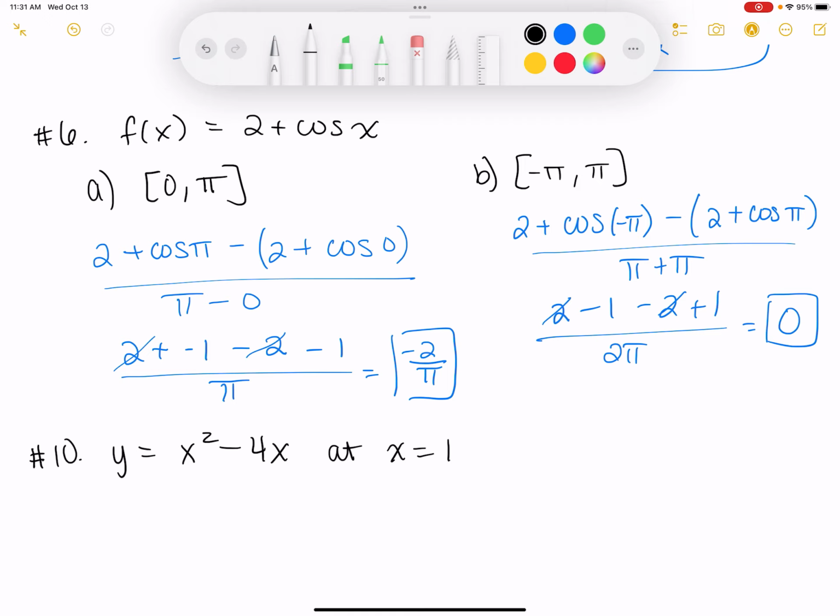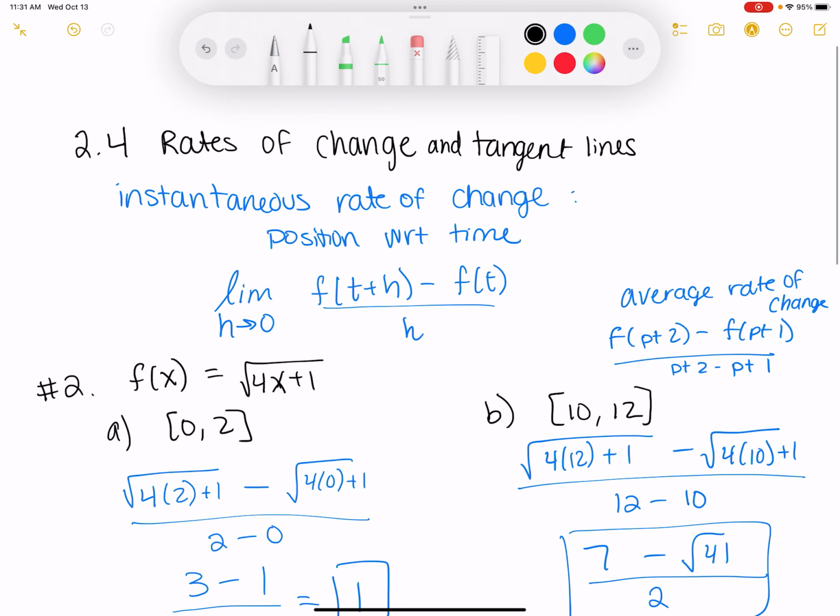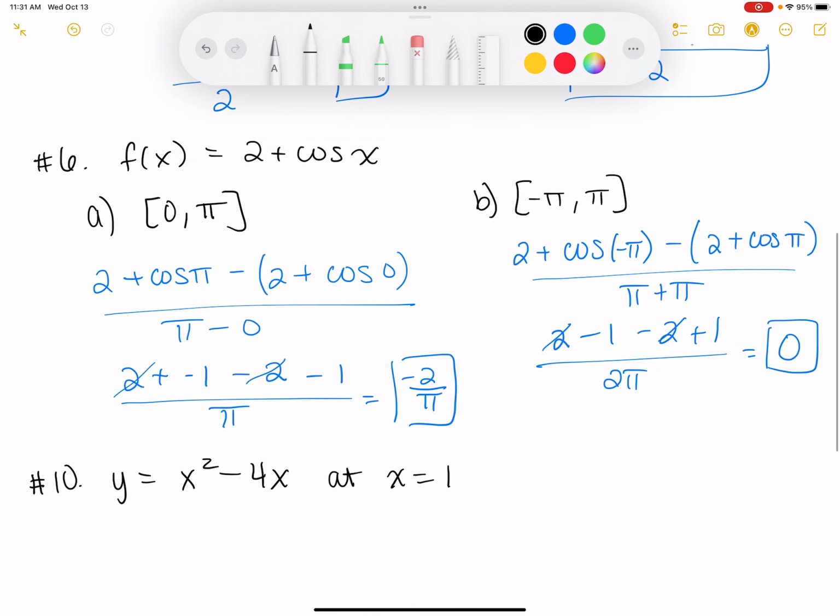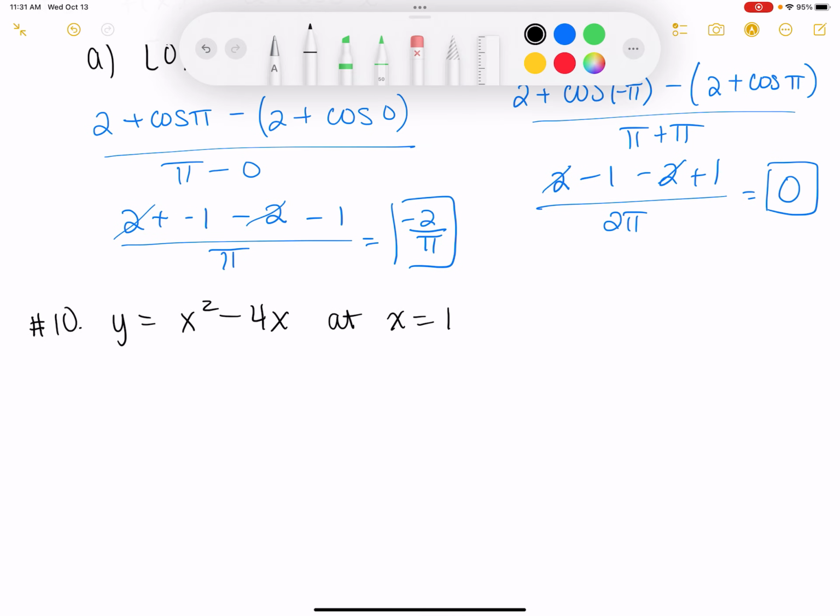So now, to do this, we need this formula here. T is going to be our value of 1 in this case. So we have the limit as h approaches 0.